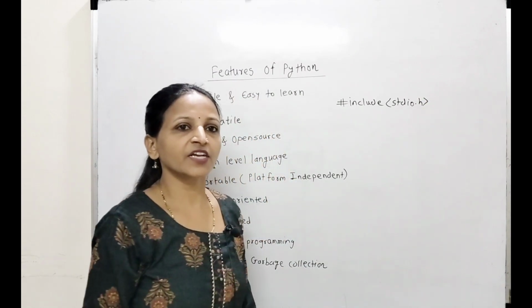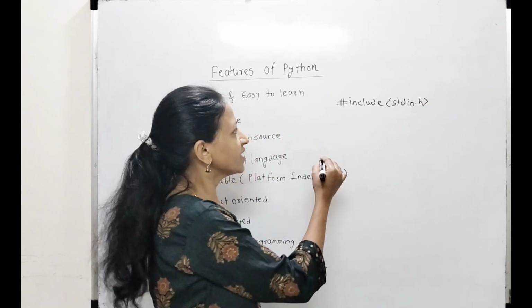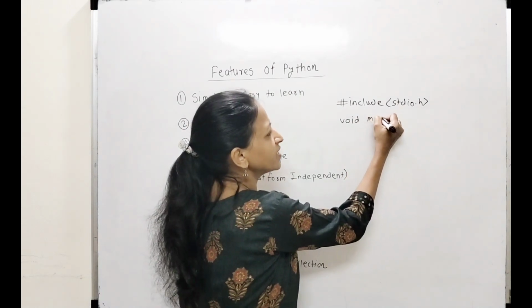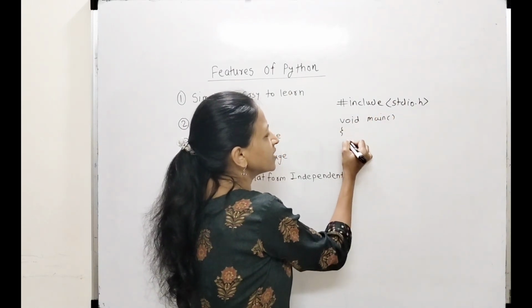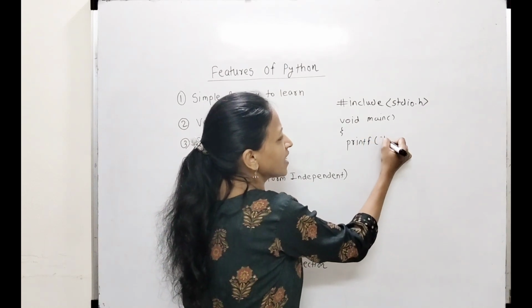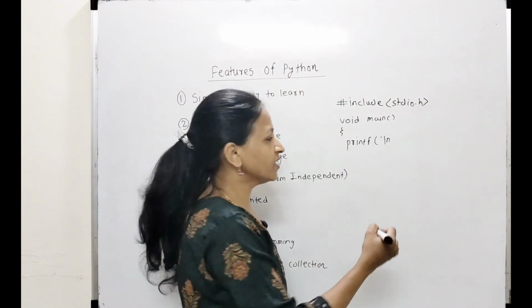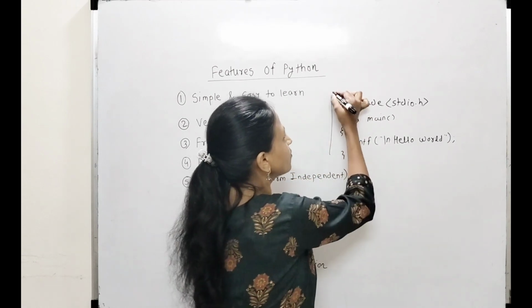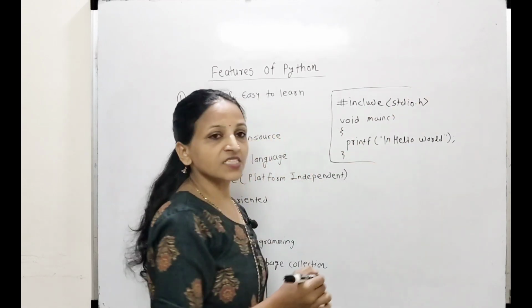In this way you include the header file first, and inside main, suppose you write void main, or you can also write int main. Inside that you have to write a printf statement, like printf with \n for going to a new line, and then hello world. This is the program to display hello world in C language.